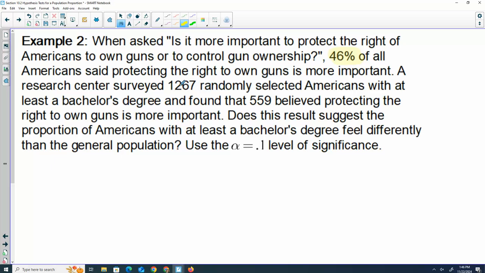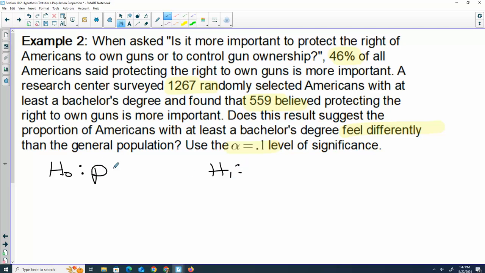A research center surveyed 1,267 randomly selected Americans with at least a bachelor's degree and found that 559 believe protecting the right to own guns is more important. Does this result suggest the proportion of Americans with at least a bachelor's degree feel differently than the general population? Use alpha equals 0.1. So, even if you're going to do it on the calculator, you have to write down your null and alternative hypothesis.